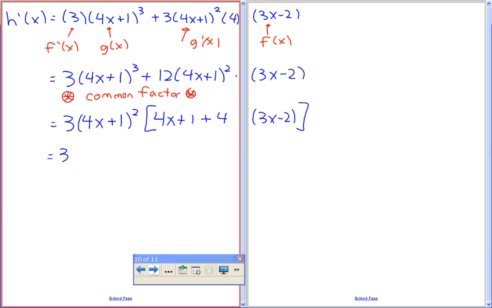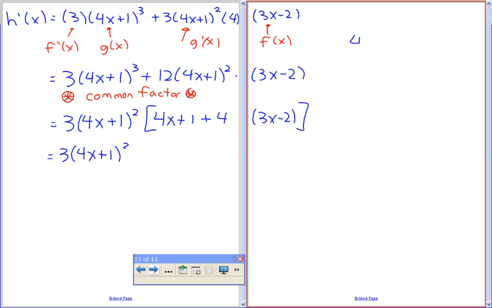It's not times, it's plus. We're taking out a common factor, right? Imagine the question was like this, and a 4x squared comes out.